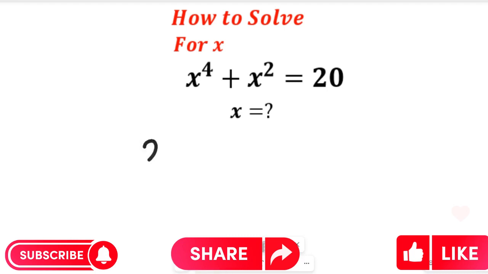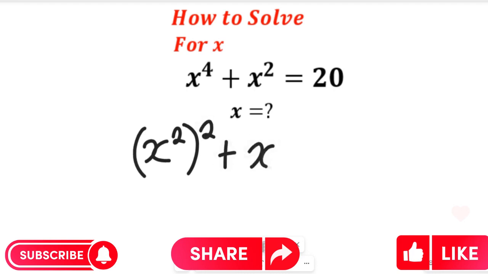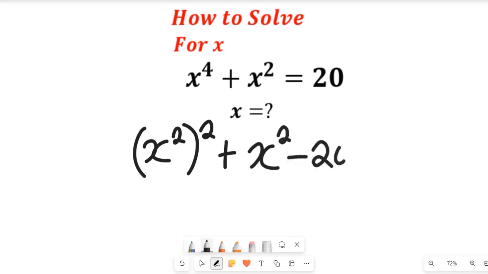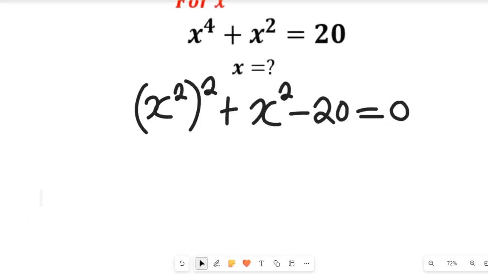We are going to have x to the power of 2, all multiplied by 2, plus x to the power of 2, minus 20. If we subtract 20 from both sides, the right hand side will be equal to 0. Great.